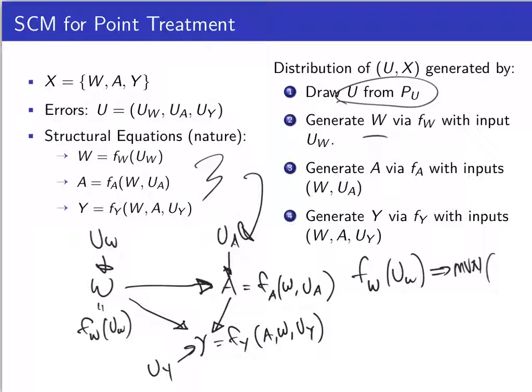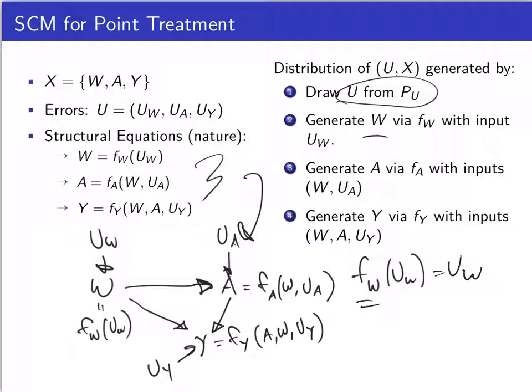Or maybe it's just equal to UW, right? That's another possibility. I generate random W's, and then those are my W's. Or I might transform them and send them through F, right? So F could just be the identity function. It just takes what you put in and gives you the exact same thing, right?